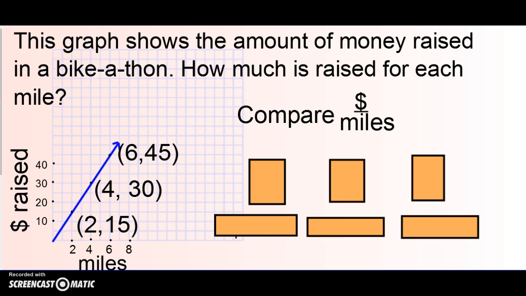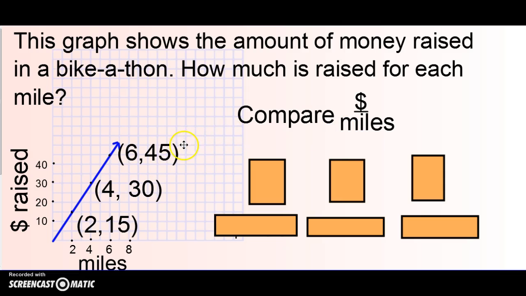All right, this graph shows the amount of money raised in a bike-a-thon. How much money is raised per mile? So you're trying to find if there's a direct variation between how many miles and how much money is raised. So you're going to compare putting the money, or the y, in the numerator and the miles in the x.